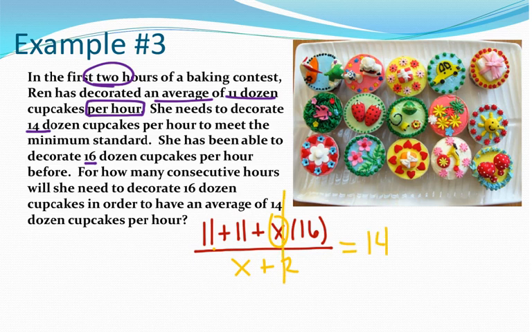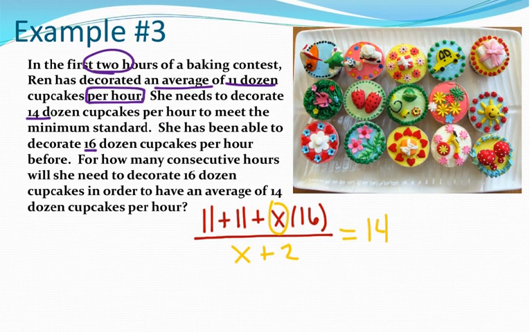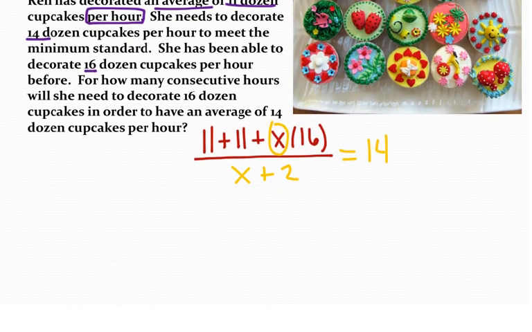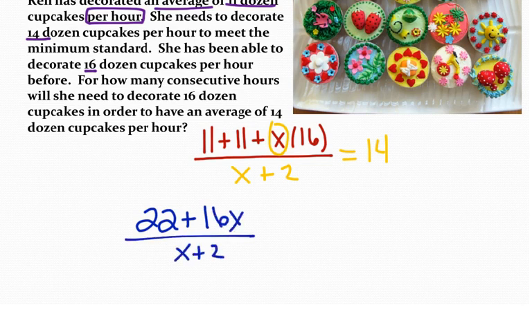If I look at this equation, 11 plus 11 is 22, plus 16x, divided by x plus 2, equals 14. You can actually just solve that as a proportion and find out how many more hours she's going to have to do 16 dozen cupcakes per hour to make this happen.